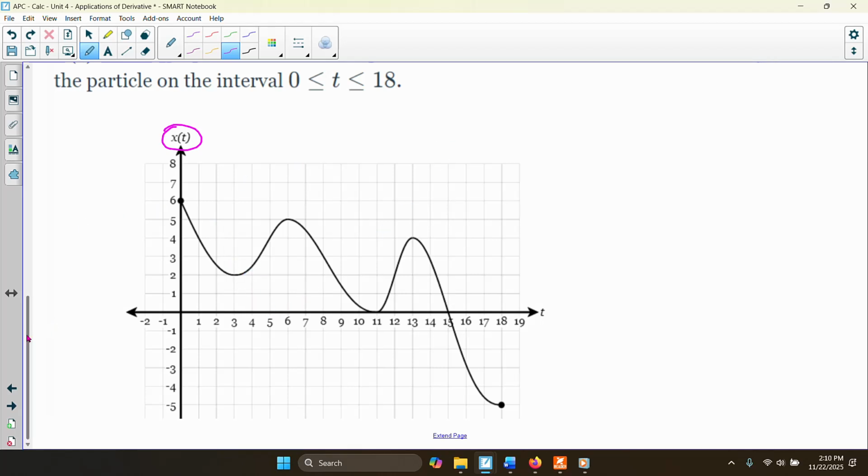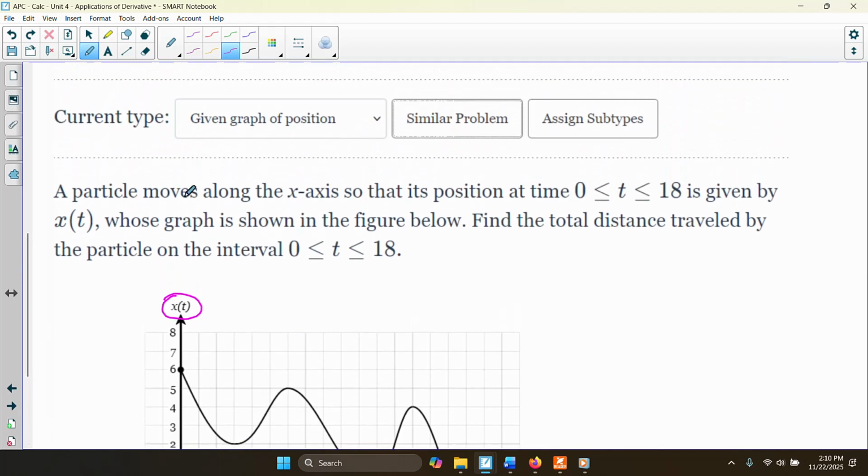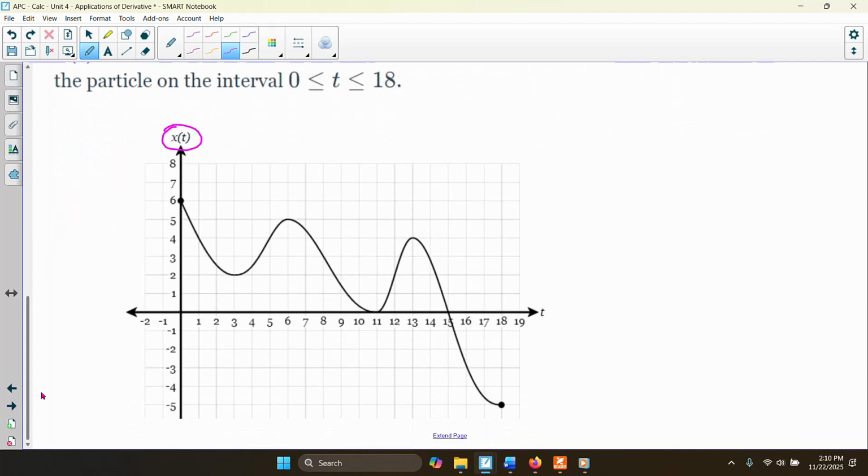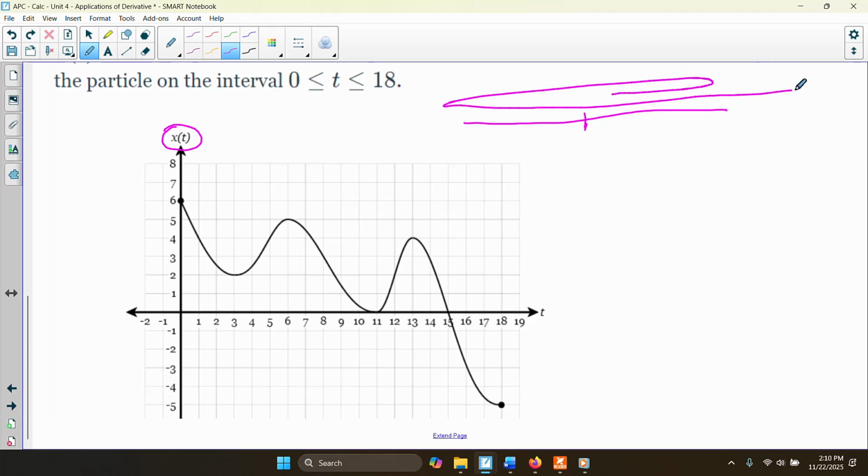If it's a typical particle moving along the x-axis, it's on a number line, going in the negative direction and the positive direction, doing this back and forth. Where it is at any one time will correspond to some value on the x-axis.